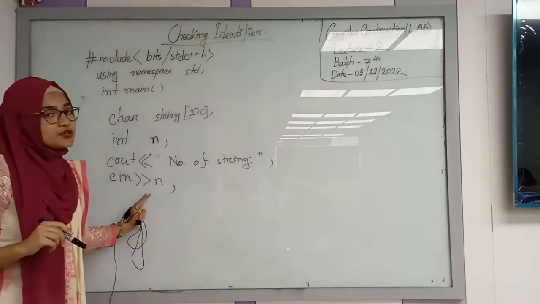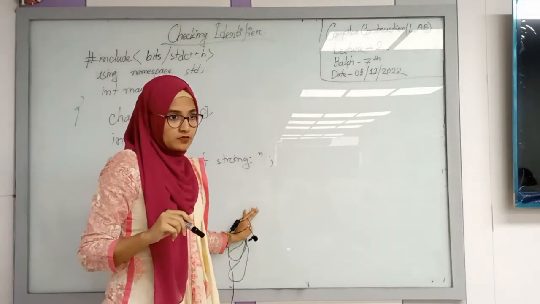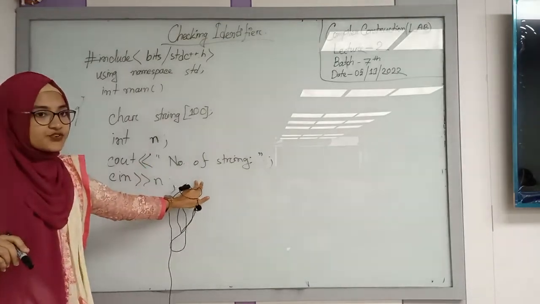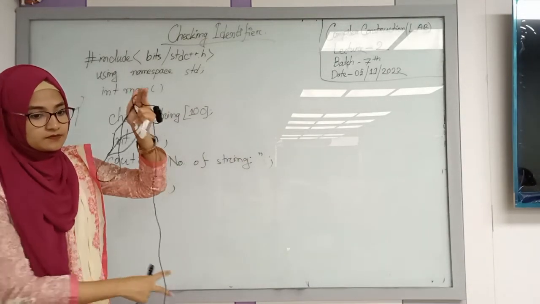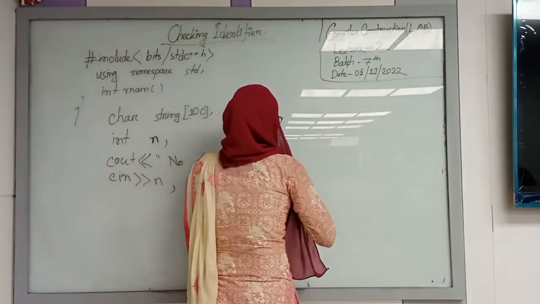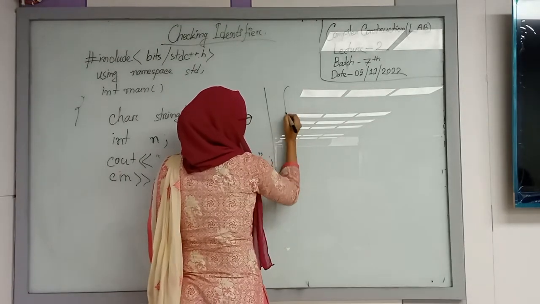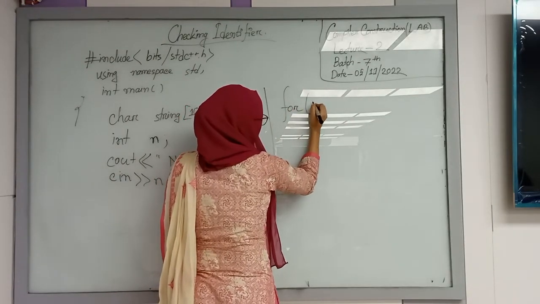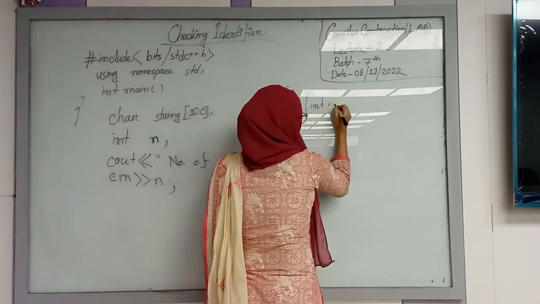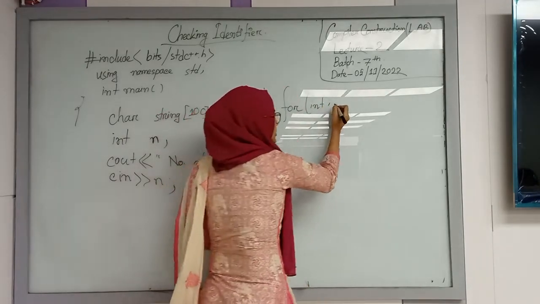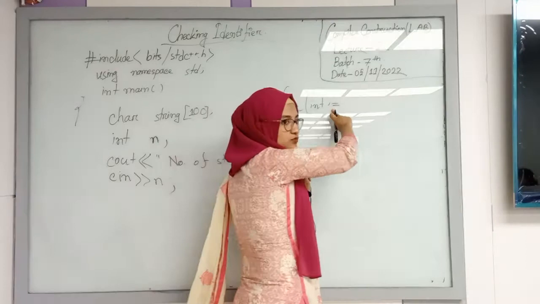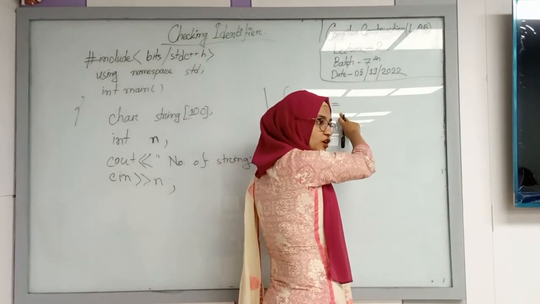Okay, now we need to use a loop for taking the strings, right? What will be the value of i? Starting value. It can be 0 or 1.